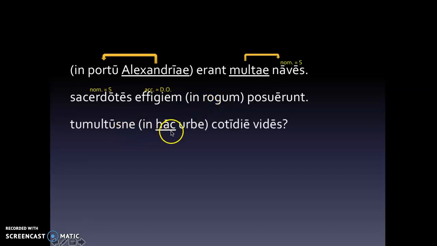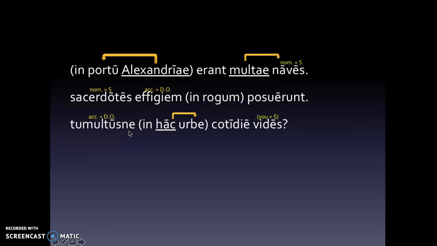All right, we've got in hoc urbe. Hoc is modifying urbe. They're both ablative. So this is our prep phrase. Tumultus is a direct object. It's accusative, plural. This ne here is not the ending. This is just a little attachment onto the end of the word, meaning that you're entering a question.